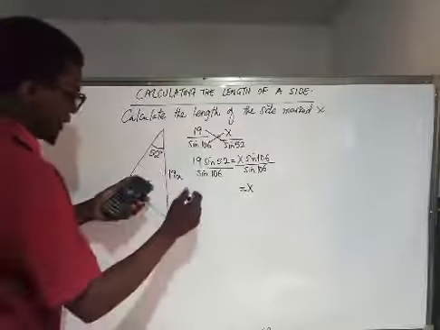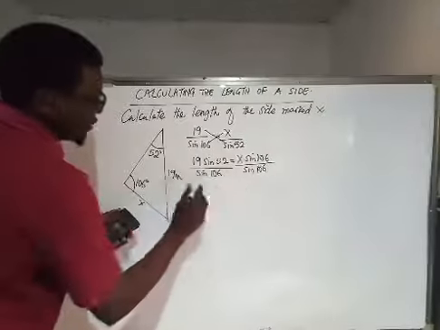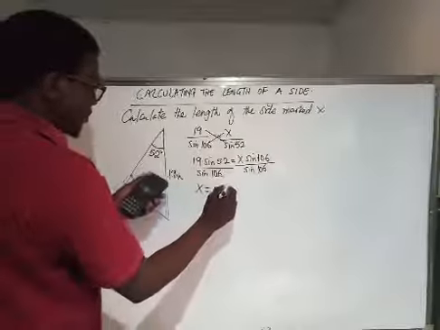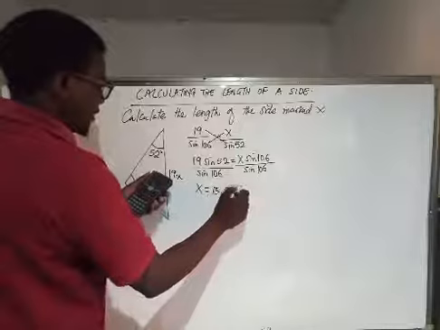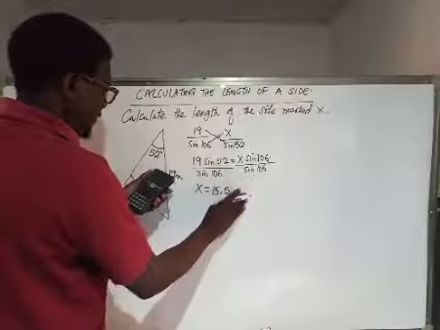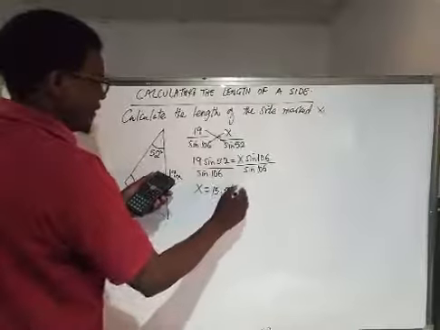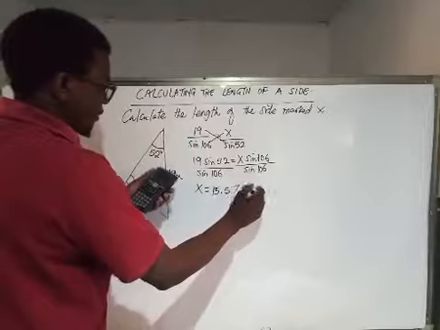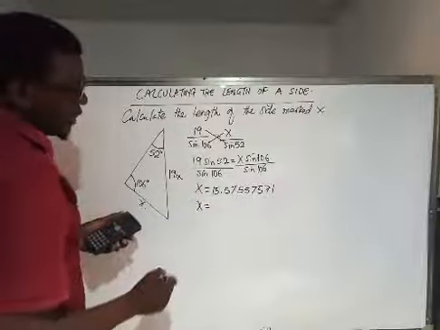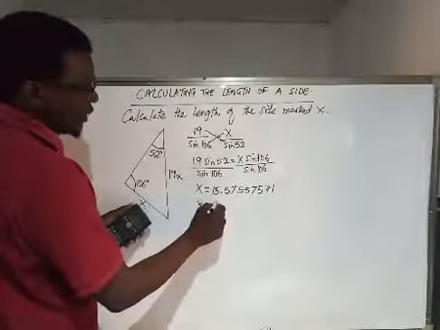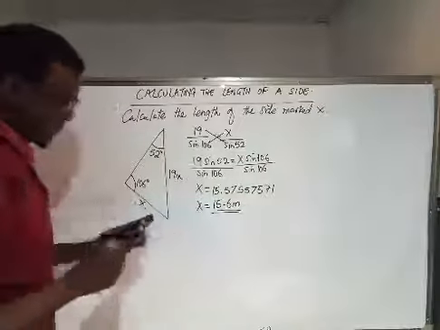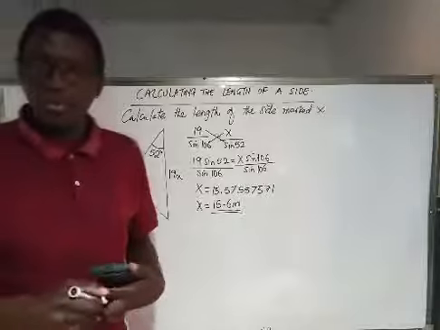My answer here will be X is going to be 15.5775757571. So our length, side marked X, is going to be 15.6 meters.